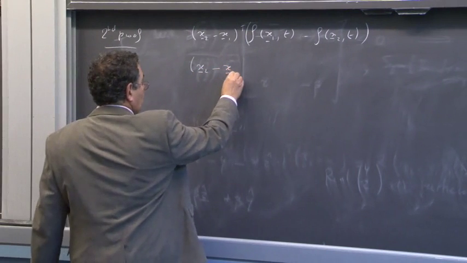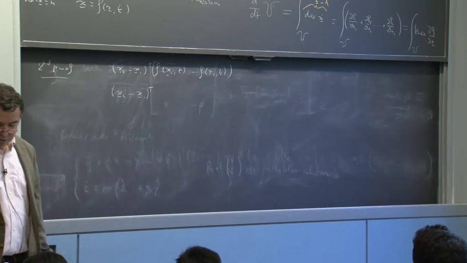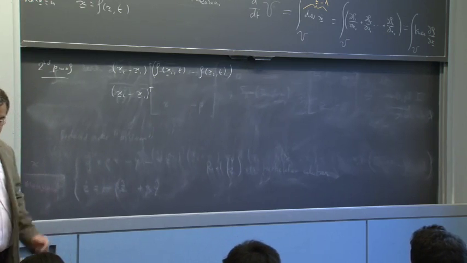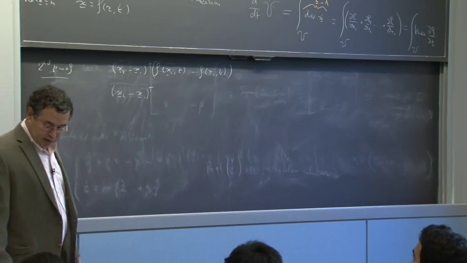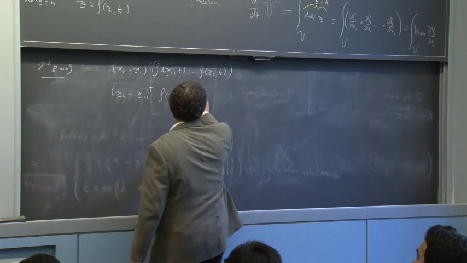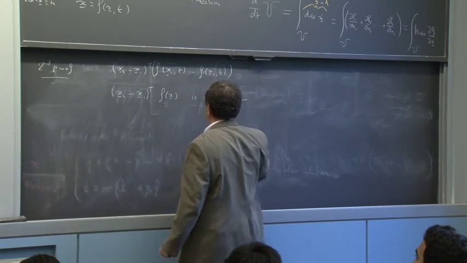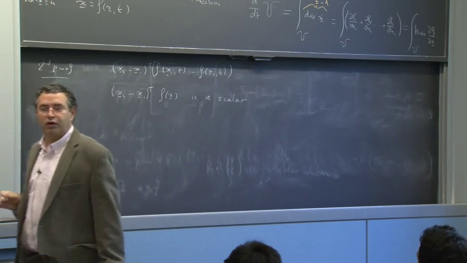So we can say that x2 minus x1 transpose f of x, of course, is a scalar. Right, so far it's clear.